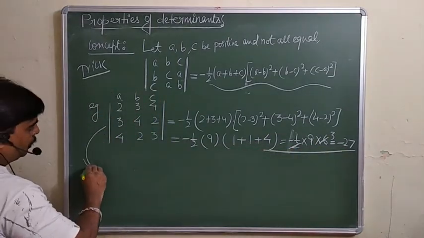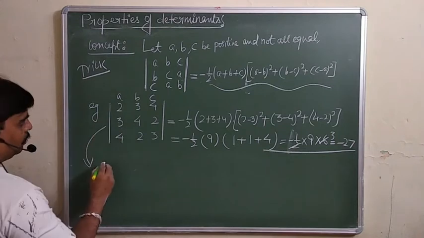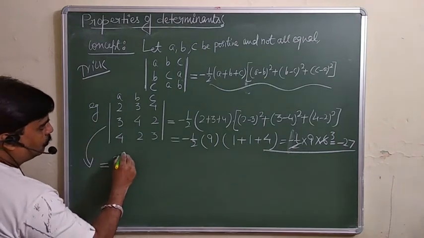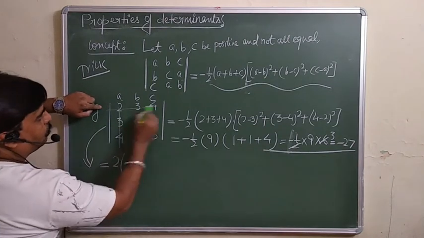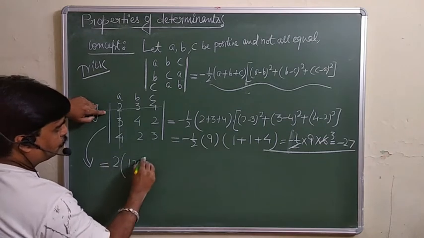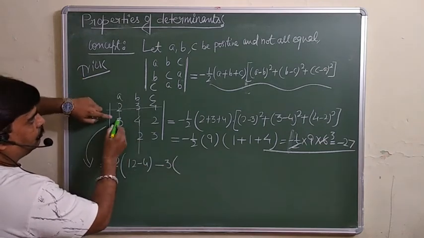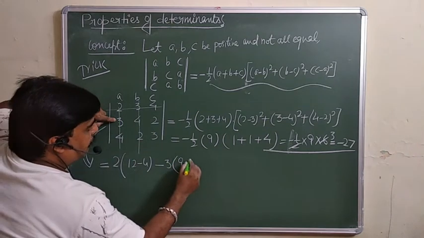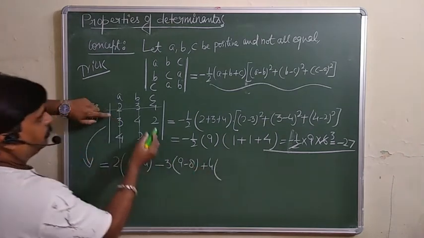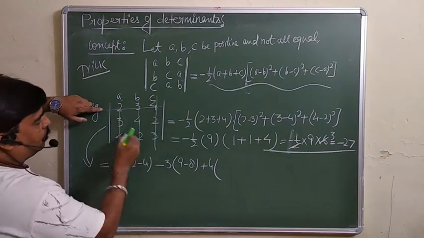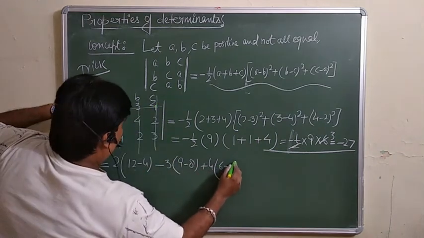But if you apply the traditional method to find this determinant, then you do first row and first column: 2 into (12 minus 4), minus 3 into (9 minus 8), plus 4 into (6 minus 16).